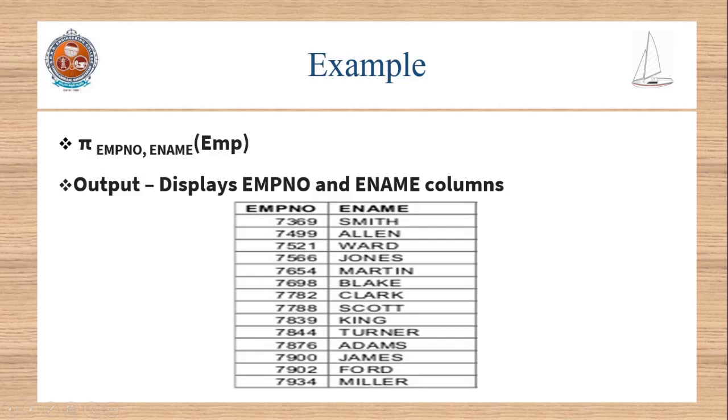All the other remaining 7 attributes are discarded from the output. See here, the output being EMP number and the ename, and all the 14 tuples. The EMP instance is having the 14 tuples. All these 14 tuples are shown in the output, but with only degree being 2, that is the EMP number and ename.